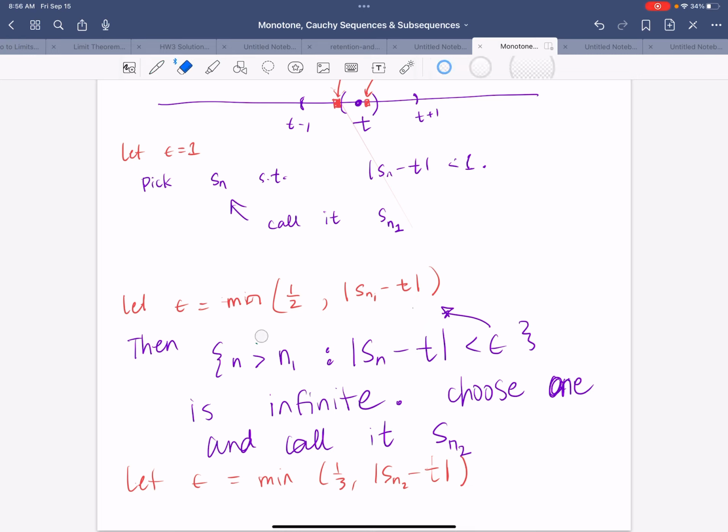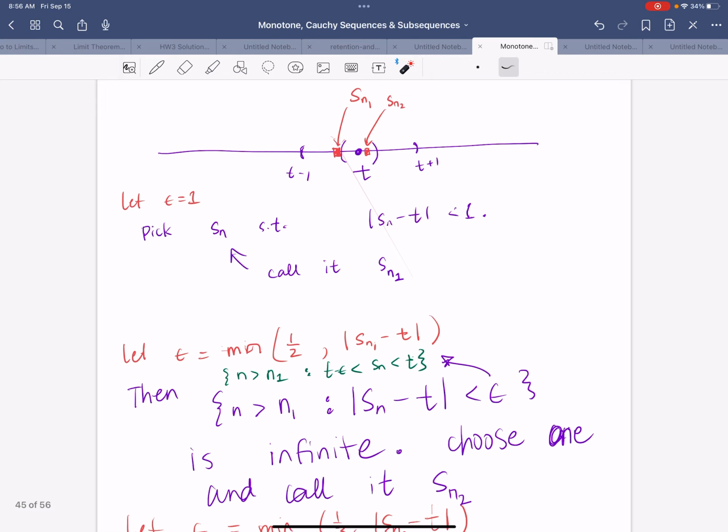The set of n bigger than n1 such that Sn is in between t and t minus epsilon. This set is infinite. It's still infinite. And so choose that. And how do I know it's infinite?